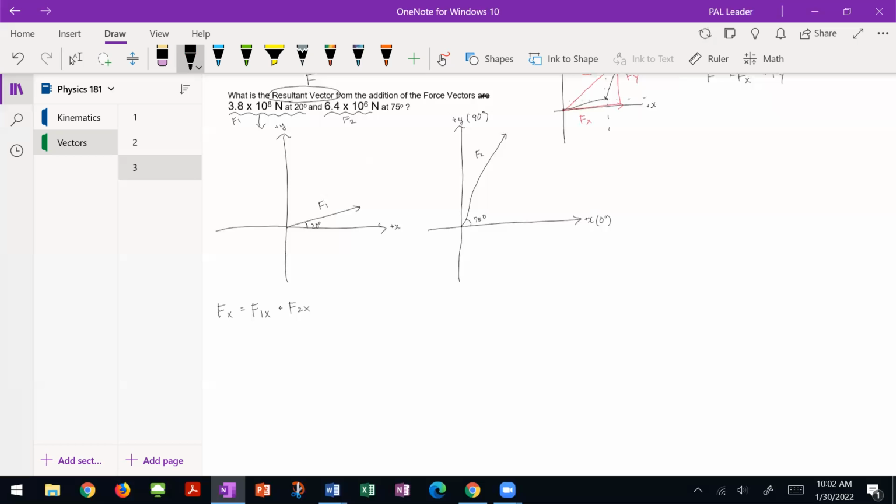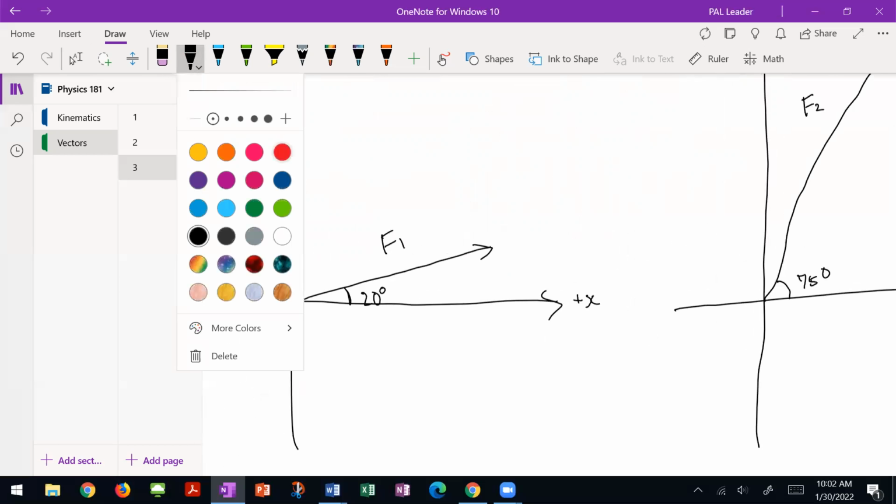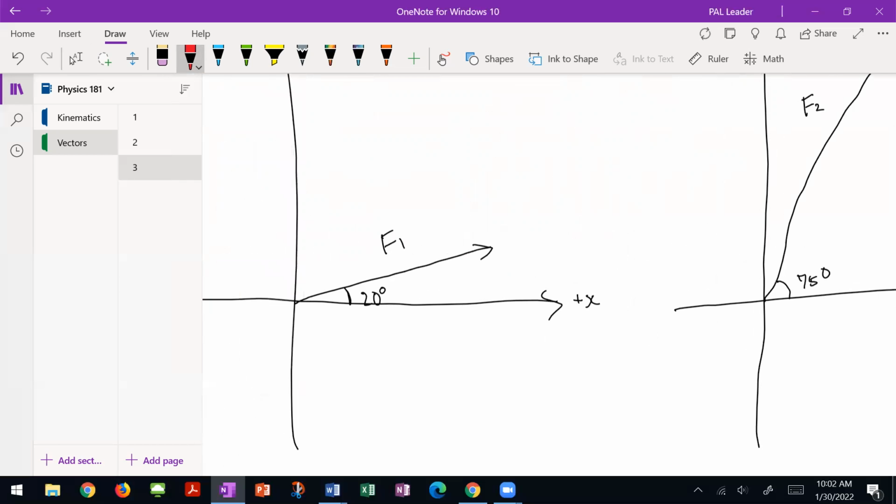Let's find F1x. So we have our hypotenuse F1, and we're looking at only the x component. So starting from the origin, that'd be this, F1x.